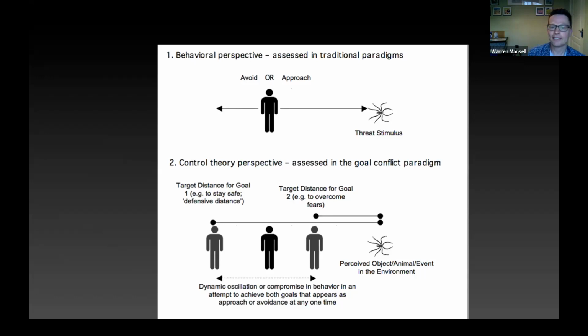Whereas from a PCT perspective, that thing in the environment will have various properties, its size, its hairiness, its movement, one of which might be its distance from you. And the idea is that the individual has reference points for their distance to something they're afraid of. And what I would propose is that they're in conflict over that distance.